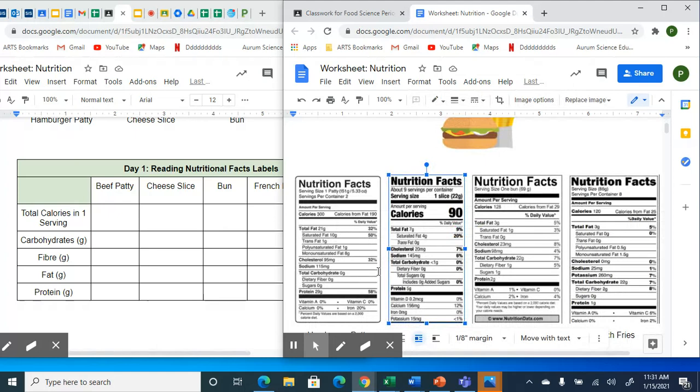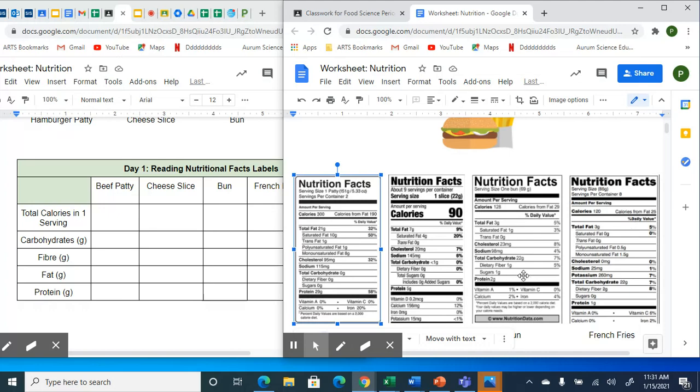All right, so this is one patty here. Then we have one slice, so I'm assuming that's the cheese. Then we have one bun, and the last one, I guess, is French fries. It's on the bottom.